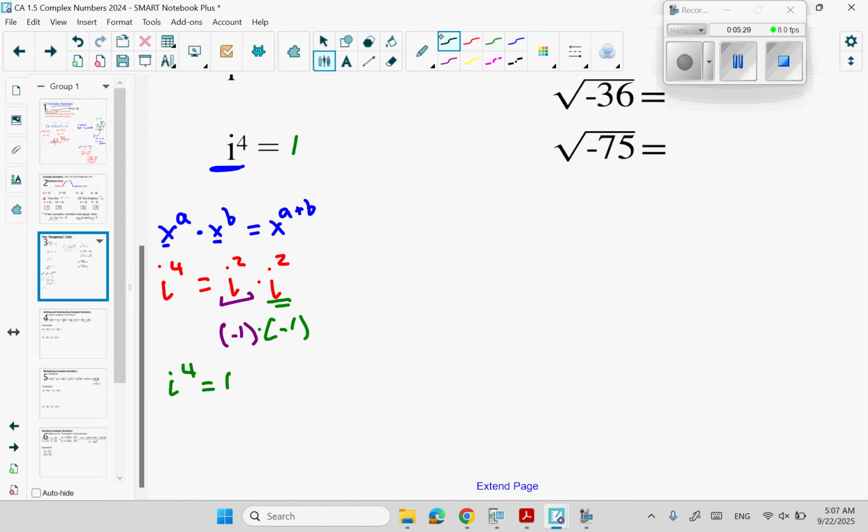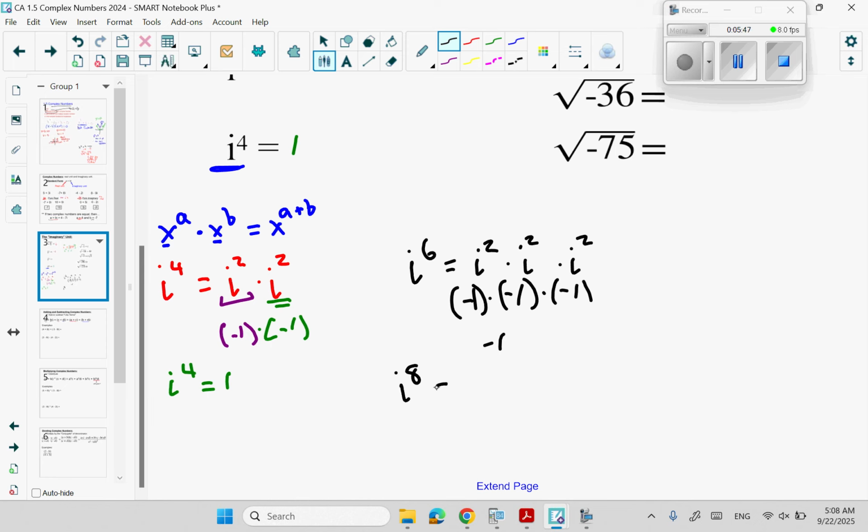And if I were to follow this up even further, i to the sixth would be i squared times i squared times i squared, which would be negative 1 times negative 1 times negative 1, getting me negative 1. And then i to the eighth would be i squared times i squared times i squared times i squared. Well, that's going to give me four negative 1s, which is going to be positive 1.